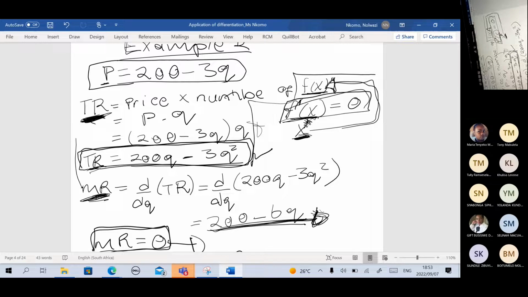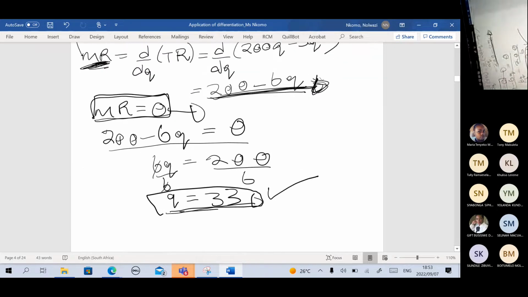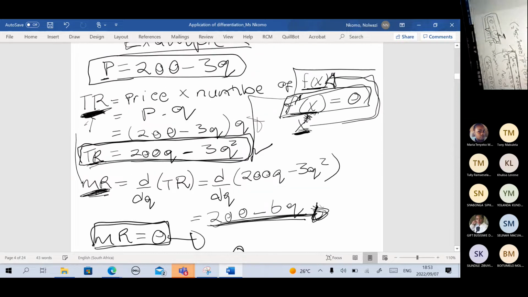Now we want to find the nature of our turning point. Remember, the nature of the turning point tells us whether the turning point is the maximum point or the minimum point. If we apply that here, the nature of this turning point will tell us whether the total revenue is at maximum or at minimum.